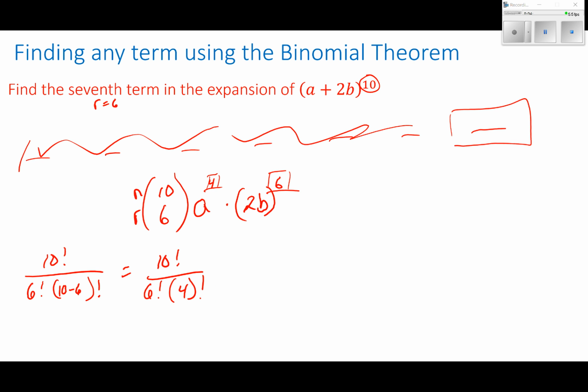All right, and this is one that we can do in our calculator. So if we put in our calculator 10 factorial, that's going to be a big number, but we can do that.